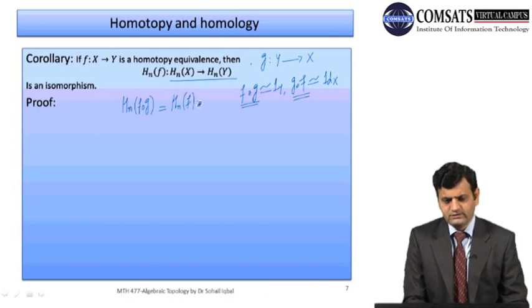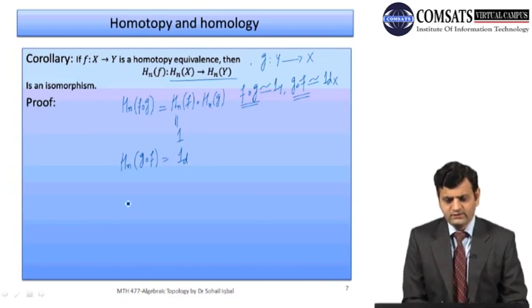So Hn of F composed with Hn of G is equal to Hn of the composition, and if two maps are homotopic, then their induced maps on homology are equal. So this is equal to the identity. Similarly, when we apply Hn on G composition F, this is also the identity.